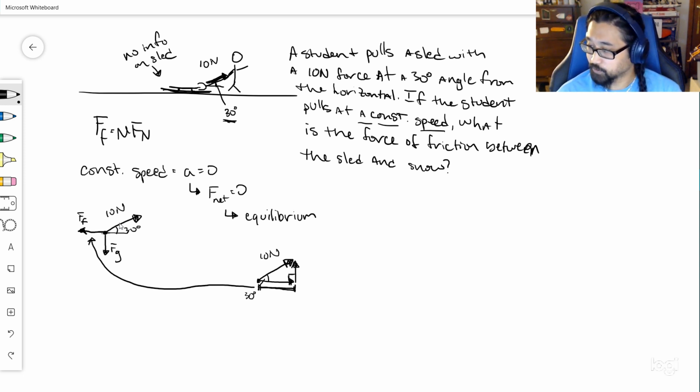Right, so I know that cosine of 30 degrees is equal to the adjacent side over 10 newtons. So 10 newtons times the cosine of 30 degrees equals the adjacent side.